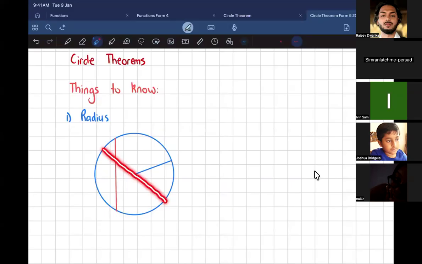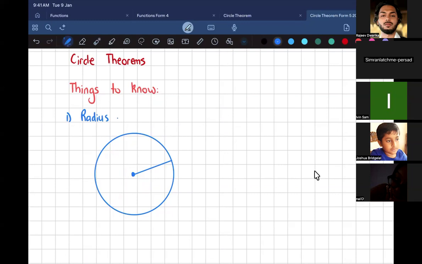You see how the green line goes from this end to this end and it passes through the center? That is the diameter. You see how the blue line starts from the center and goes to the circumference? That's the radius. So don't worry, I'll be going over all the basic concepts so as to not confuse anybody.